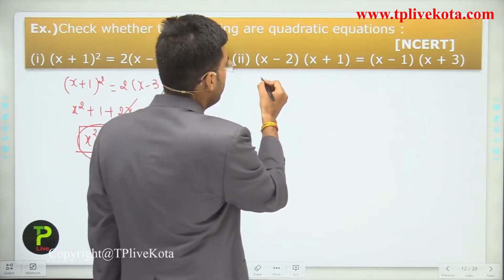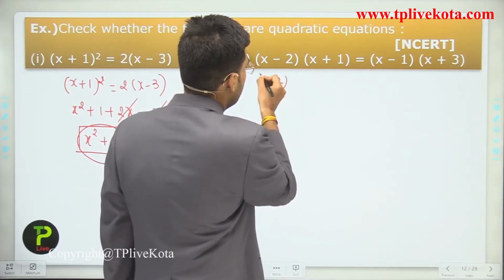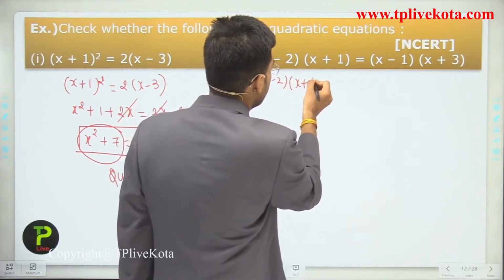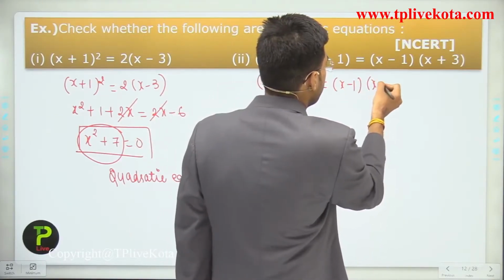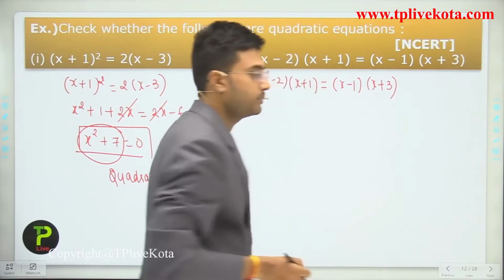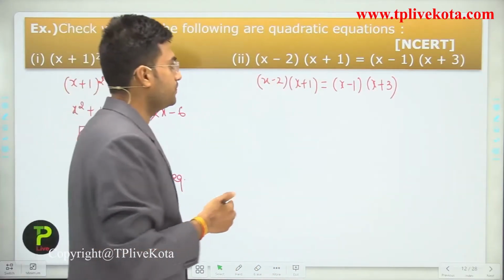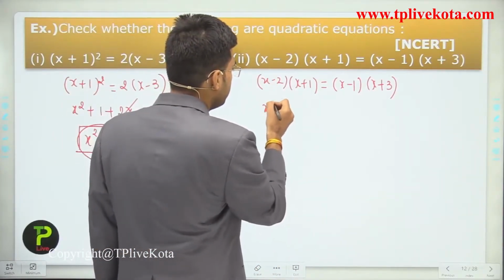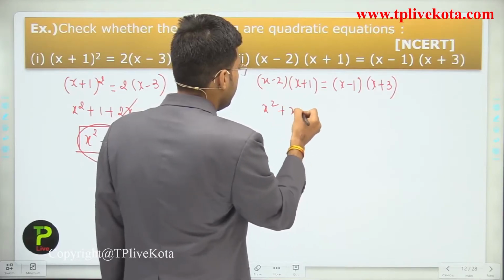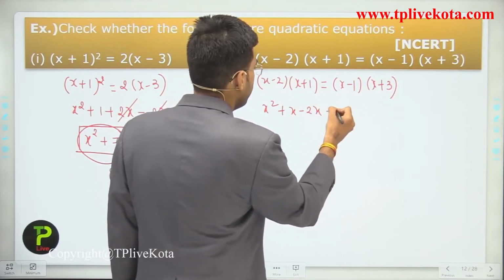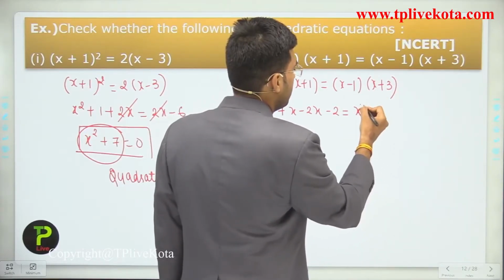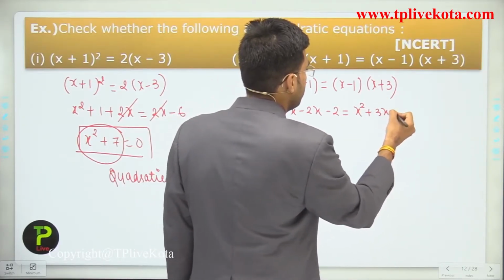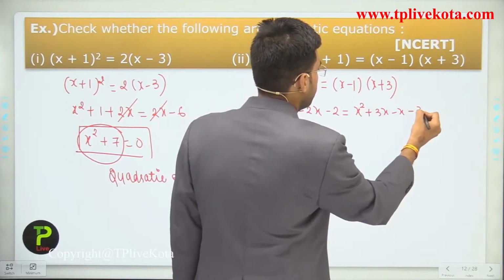Now let's solve this. Here we have (x minus 2) multiplied by (x plus 1) is equal to (x minus 1) multiplied by (x plus 3). Clear? Now it is equal to x square plus x minus 2x minus 2 equal to x square plus 3x minus x minus 3.